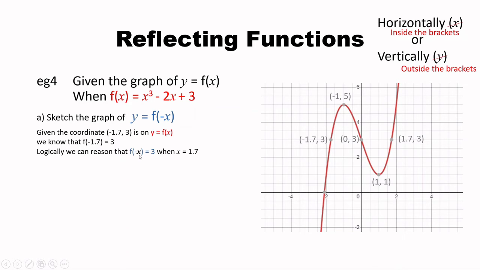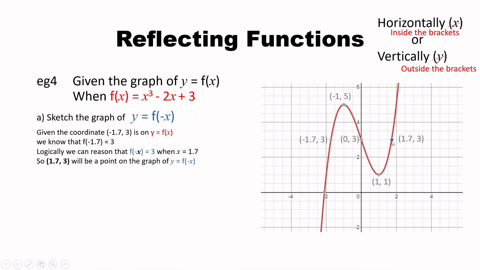So if I put positive 1.7 in here, I'll have f of negative of my 1.7. This tells me that when the x value is positive 1.7, the y value will be 3. So (1.7, 3) will be a point on my graph y equals f of -x. So I'll put that point over here.